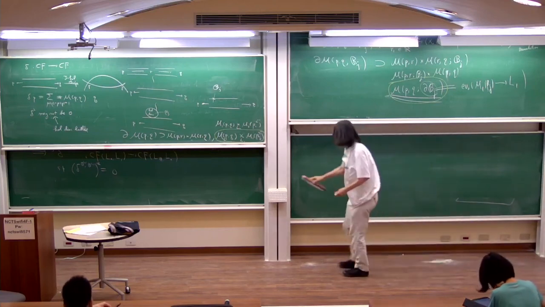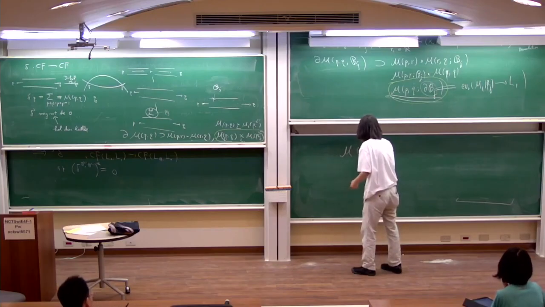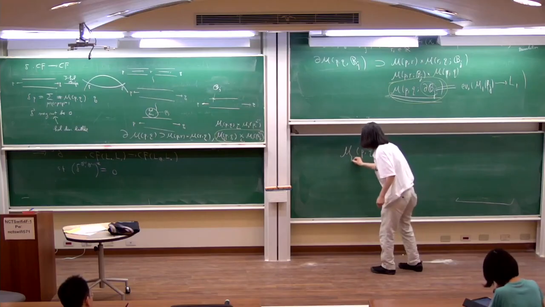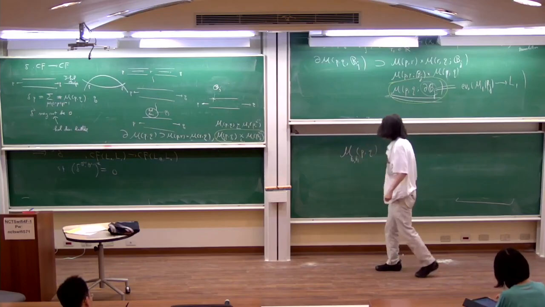now I consider the following moduli space. More precisely, I consider this M, P, Q, but I put K0 marked points on the lower boundary and K1 marked points on the upper boundary.